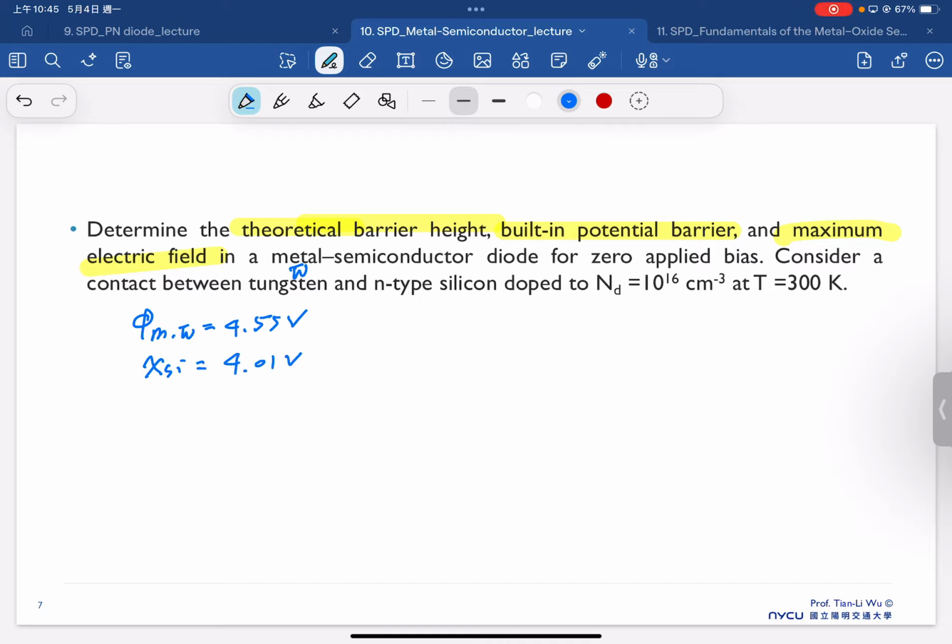And therefore the barrier height is equal to phi m of tungsten minus the electron affinity, which is 4.55 volt minus 4.01 volt, 0.54 volt here. And now we have to calculate the phi n.